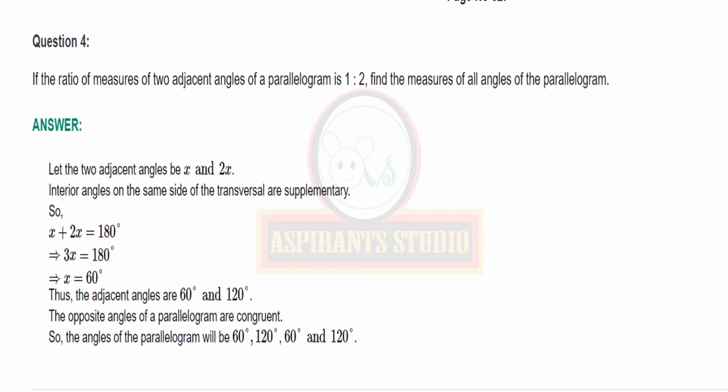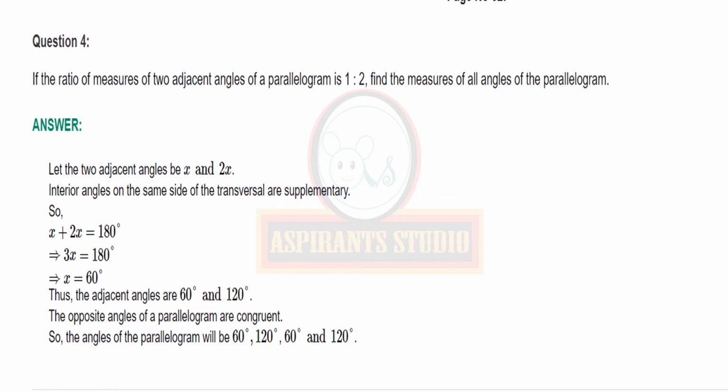Thus, the adjacent angles are 60 degrees and 120 degrees because we have taken the two adjacent angles to be x and 2x. Because the ratios of the adjacent angles are 1:2. So, we got the two adjacent angles measures to be x and 2x. So, now put the value of x there. So, the adjacent angles are of measure 60 degrees and 120 degrees. You know the opposite angles of a parallelogram are congruent.